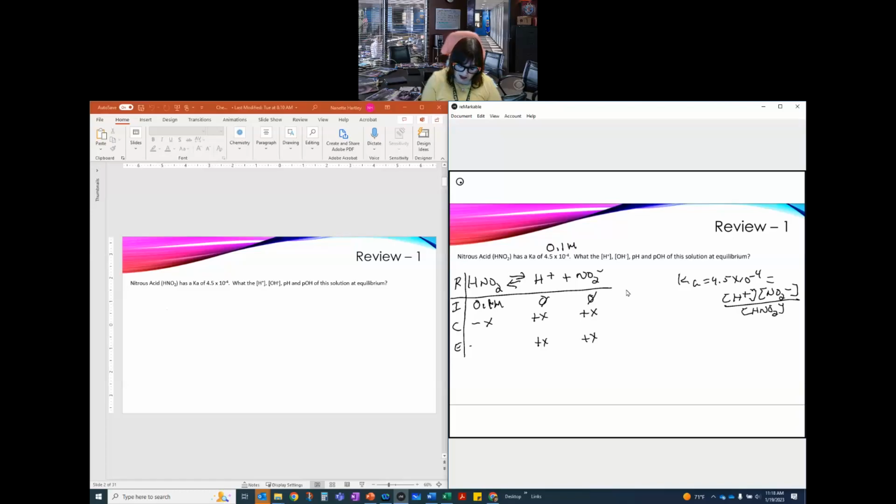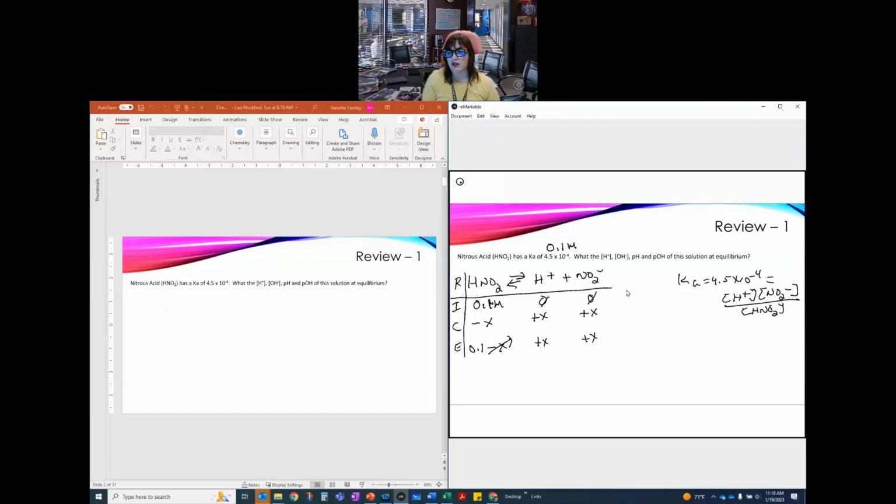That's that 0.1. And then technically, this is going to be 0.1 minus x, but we assume that the x is small, and so we don't include it. You'll see that I cross it out every time. For me, that's a reminder that technically that calculation should have it, but I'm going to ignore it this time, and that's my way of specifying that I have ignored it so that I can go ahead and do this calculation.